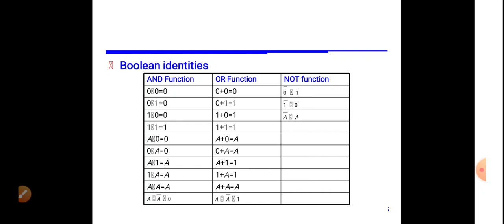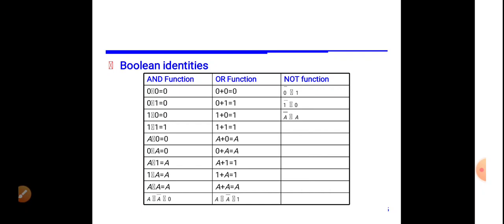As we have discussed, the AND function is nothing but dot. So 0 dot 0 is 0, 0 dot 1 is 0, 1 dot 0 is 0, 1 dot 1 is 1. So in the first four I am relating only the constant terms.